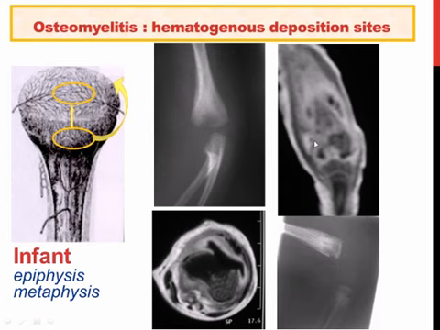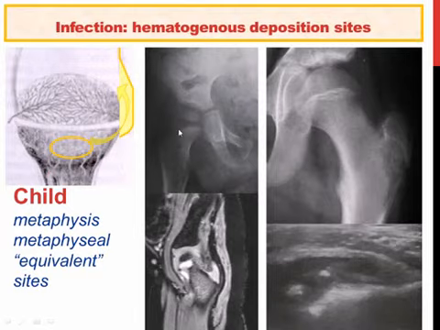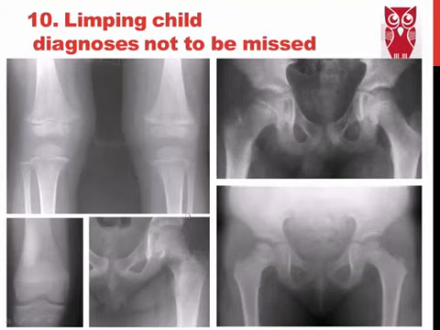You can have rapid evolution into subperiosteal abscesses, as opposed to older children. They don't have transphyseal vessels, so they may have metaphyseal changes against the growth plate or against an apophysis, the metaphyseal equivalent site. Do not miss other diagnoses like trauma or tumor on X-rays.